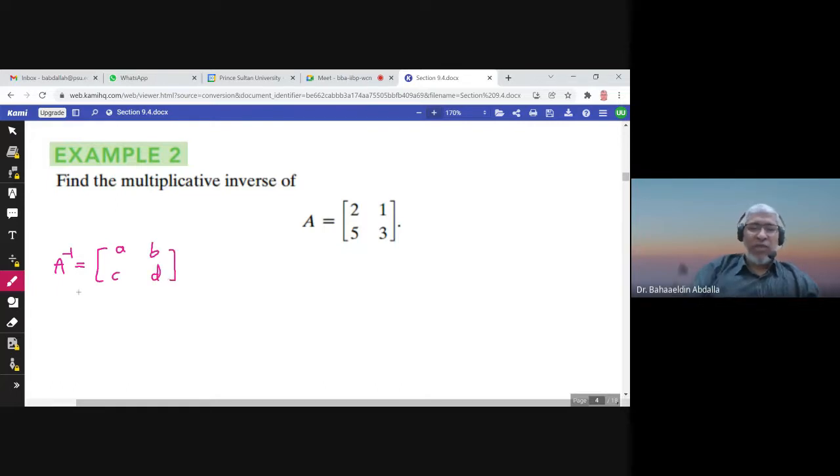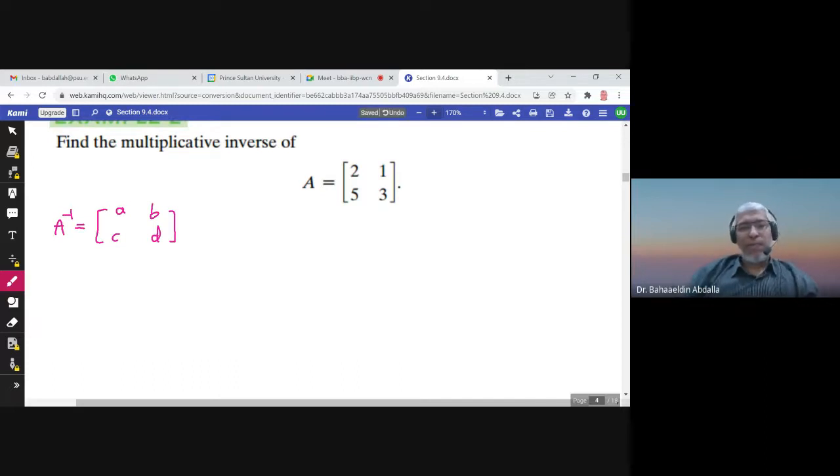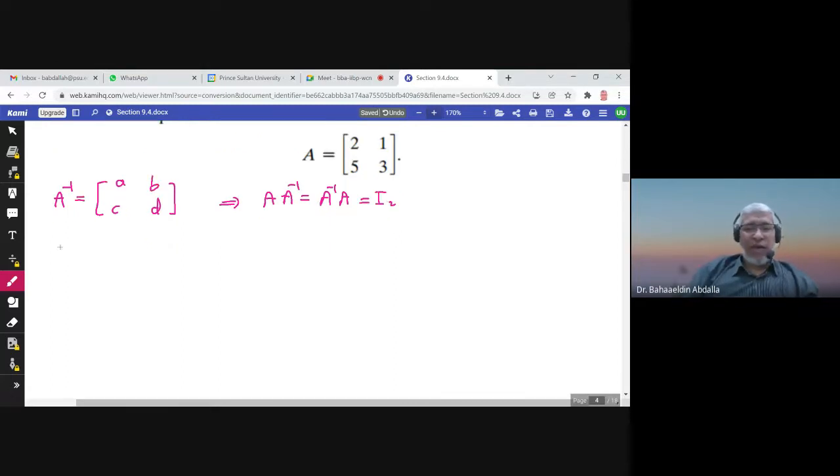So this is A inverse. Now, what is the definition of A inverse? I know that A times A inverse equals A inverse times A equals I2. So let us multiply A by A inverse.